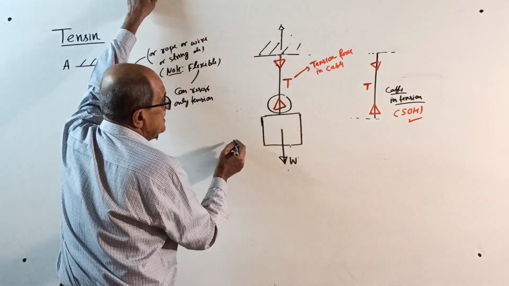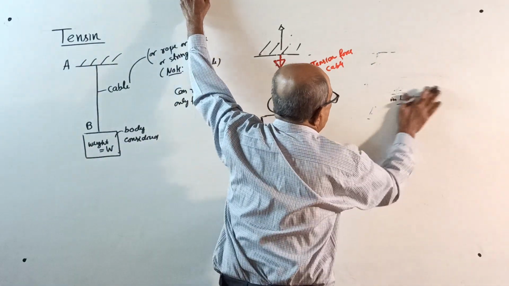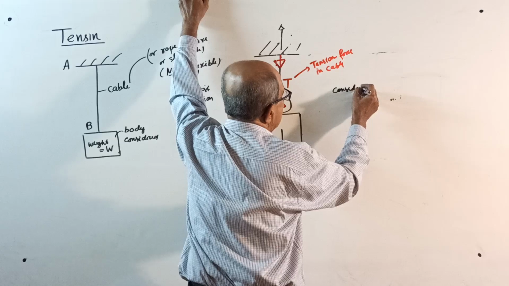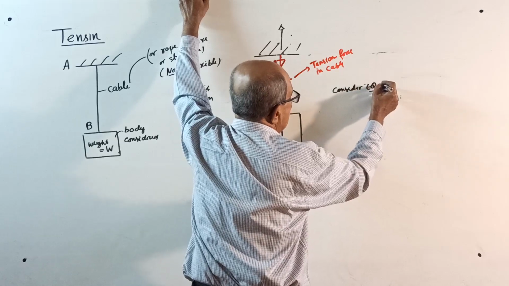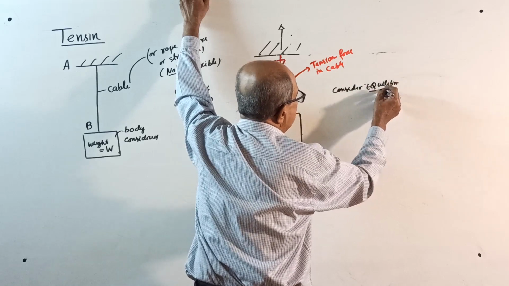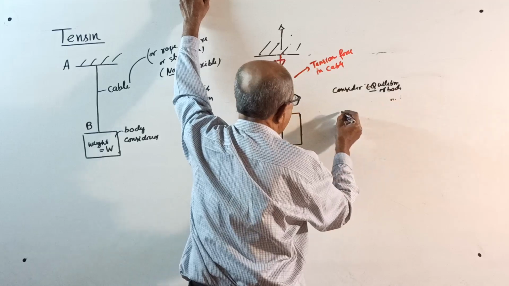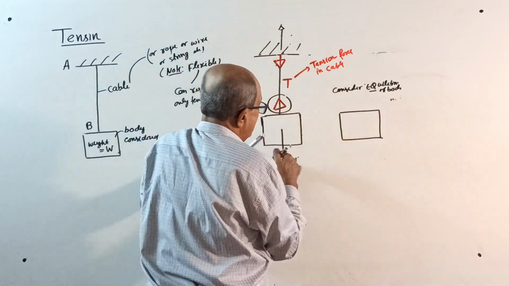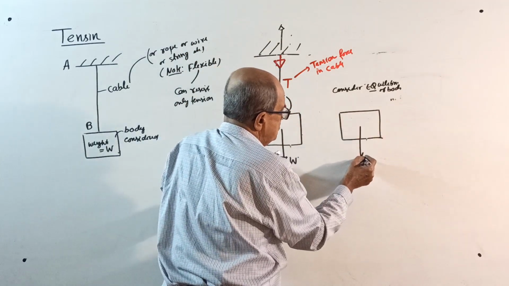Now, see here. I'll remove this one now. Consider equilibrium of the body. When you take equilibrium of the body, weight is acting down.